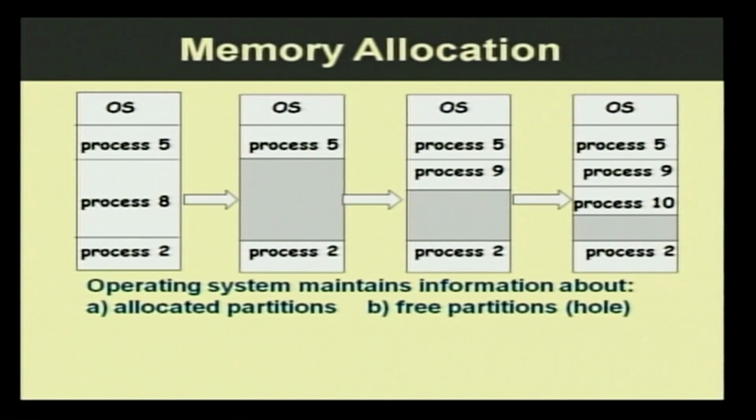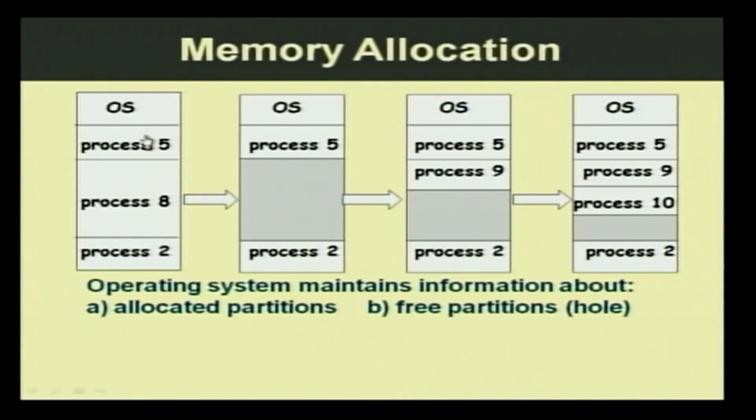Now we will discuss the features of memory allocation, which is very important inside any operating system. This diagram tells you how fundamentally memory is allocated inside the operating system. The operating system basically maintains information about the allocated partitions and free partitions inside the memory.